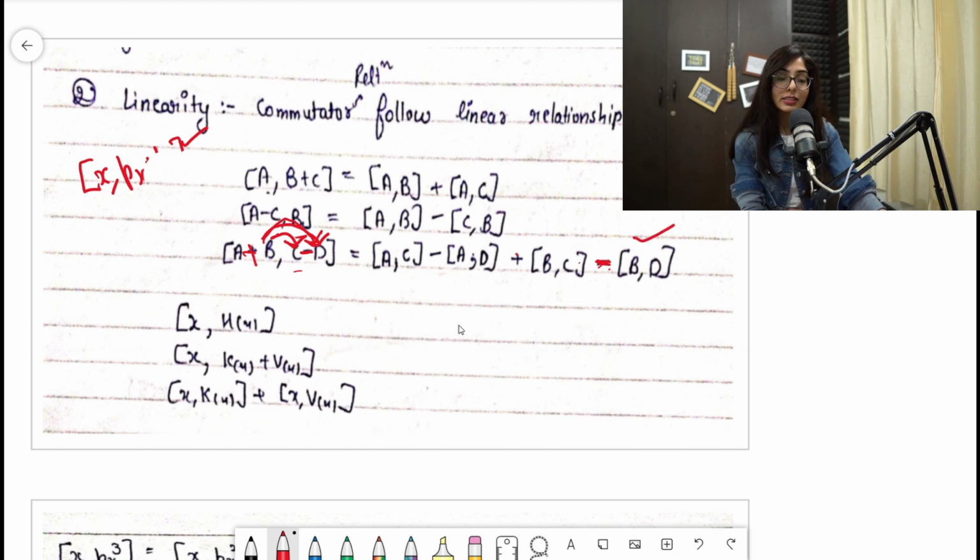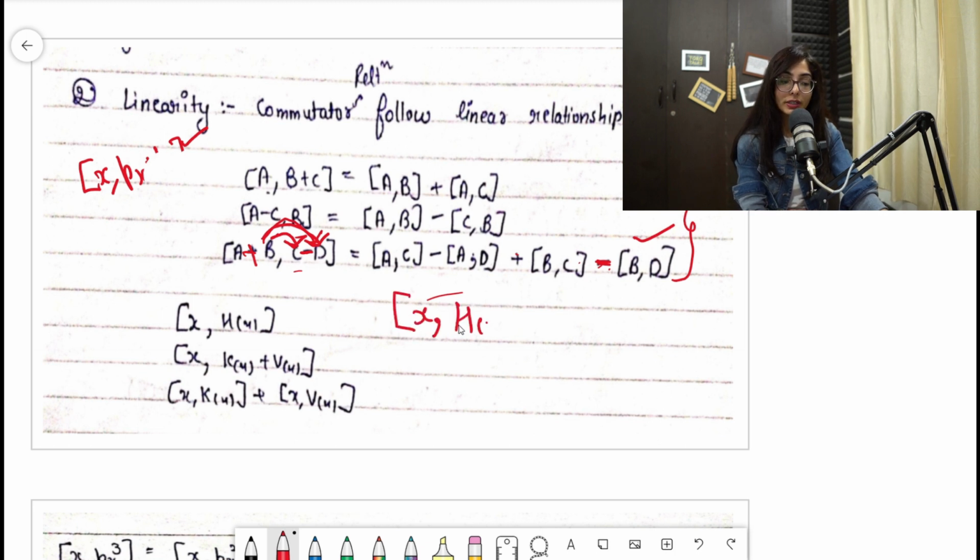These properties are very important and usually helpful when little higher level questions of operators come for chemistry. Suppose I have this position operator with this Hamiltonian operator. Hamiltonian operator means the sum of kinetic energy and potential energy; in the very first lecture I told you that.